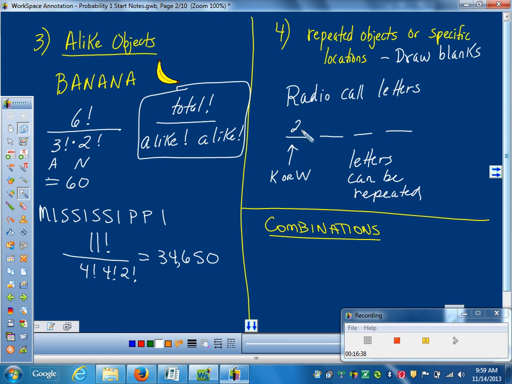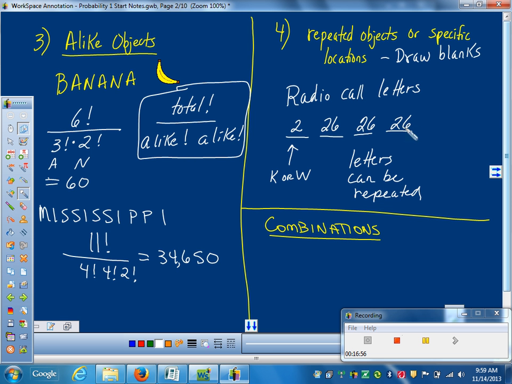There's only 2 choices there. But then the others can be any letter of the alphabet. So there's 26 letters, and since you can repeat them, it would say 26 every time.